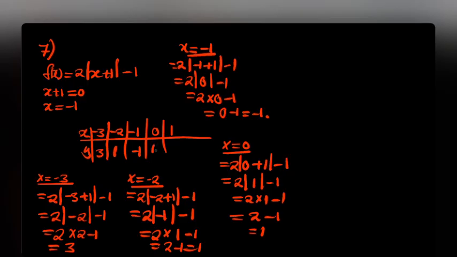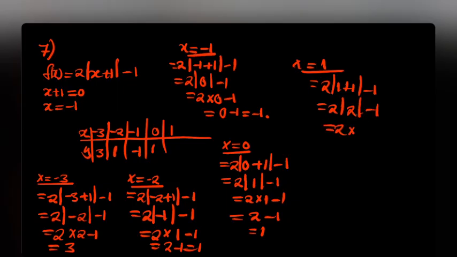Again, where there is x, we put a 1. Let's see what we get. 2, then 1 plus 1, then minus 1. So we have 2 times 2, minus 1. So this will be 4 minus 1, which will give us a 3.